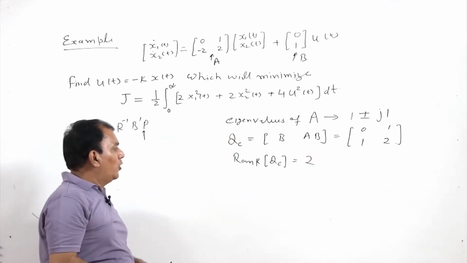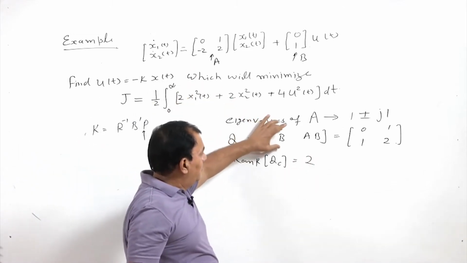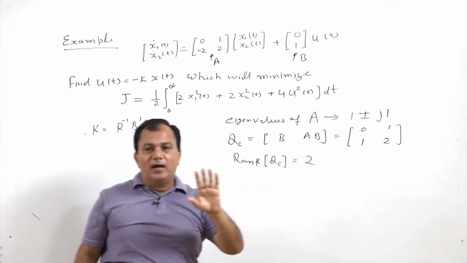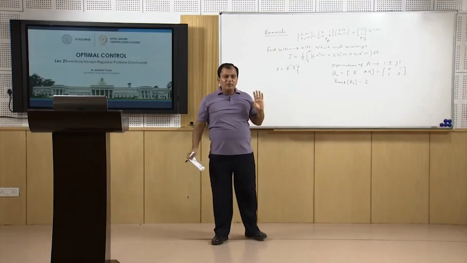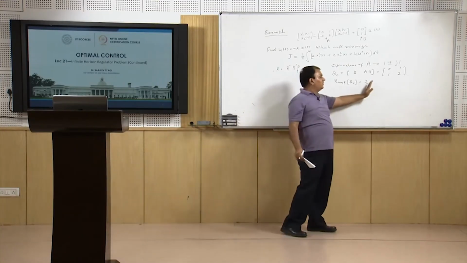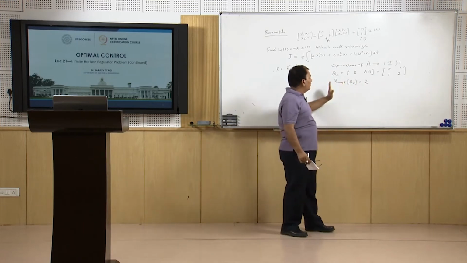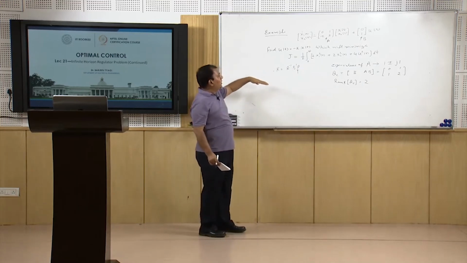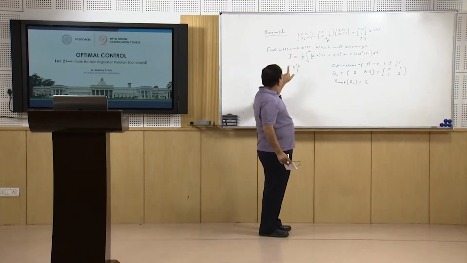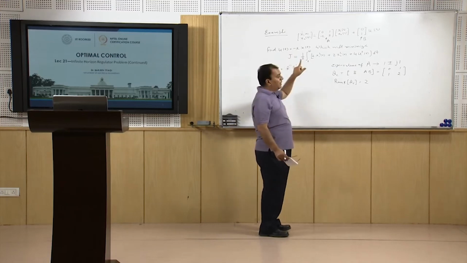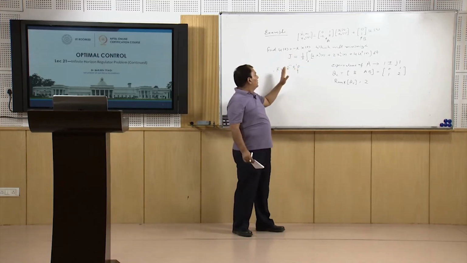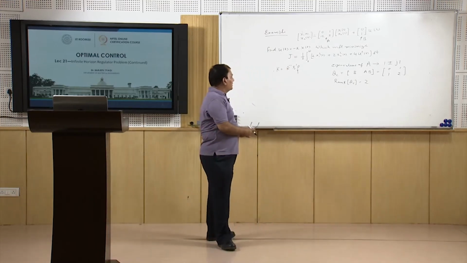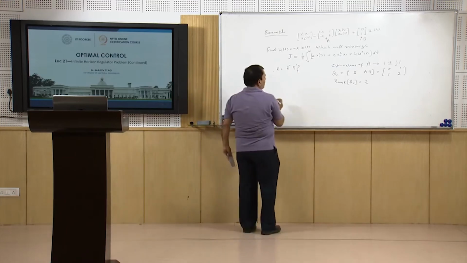So, my order of the system is 2, the controllability matrix B, AB must have the rank equal to the order of the system. Then I say my system is completely controllable. So, it is a controllable system. So, next we will see if we will design a K such that my system is optimally controlled, means my closed loop matrix A minus Bk will be a stable matrix. So, for that we have to find out the P.